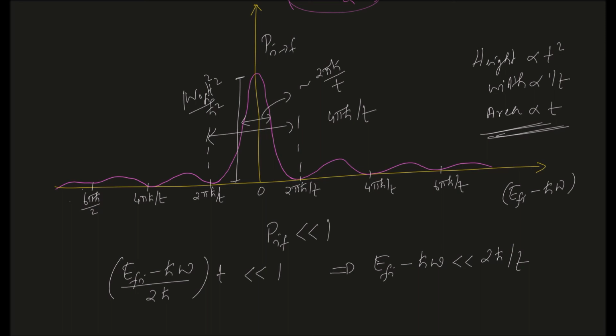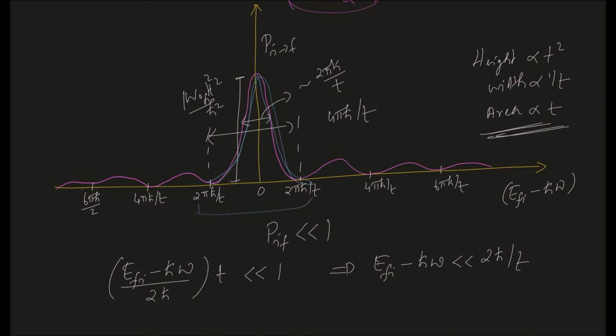It is also clear from the plot that the probability of finding this system in a state whose energy differs considerably from the initial state E_n is smaller than the probability of finding it in a neighboring energy state, right? Because these peaks happen very close to this value for energy.